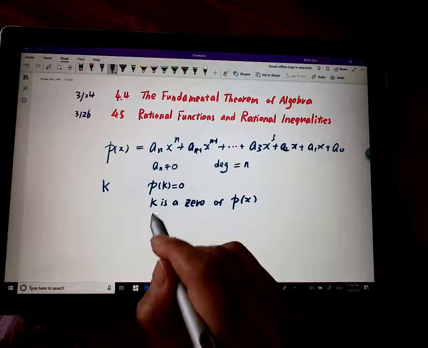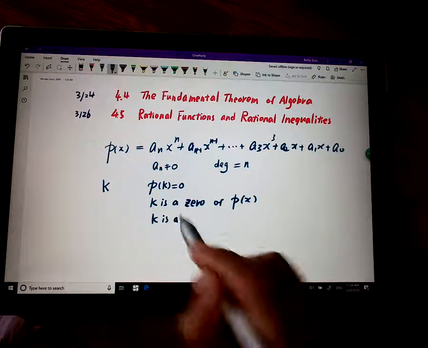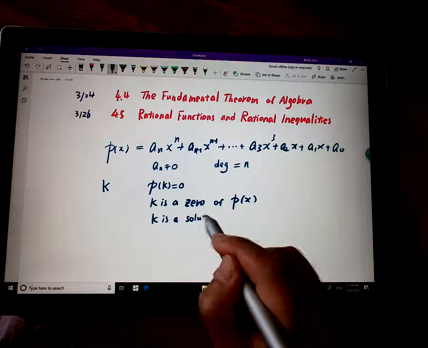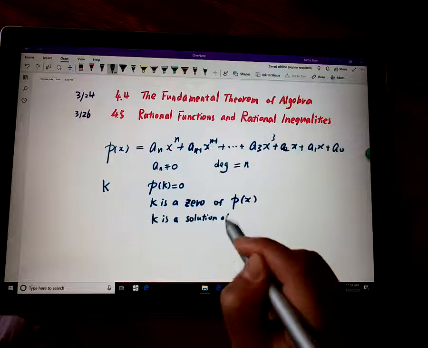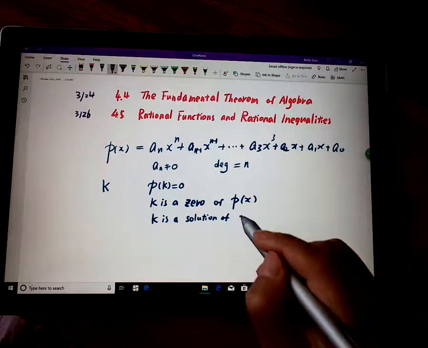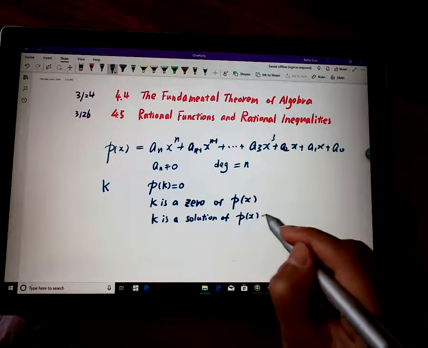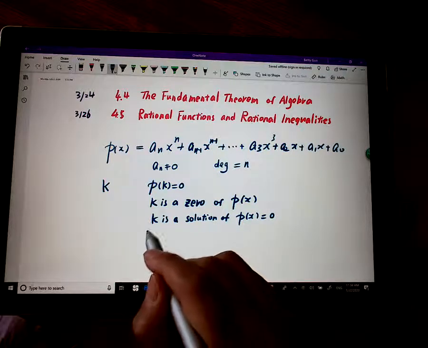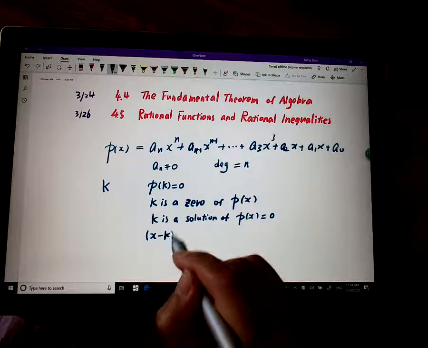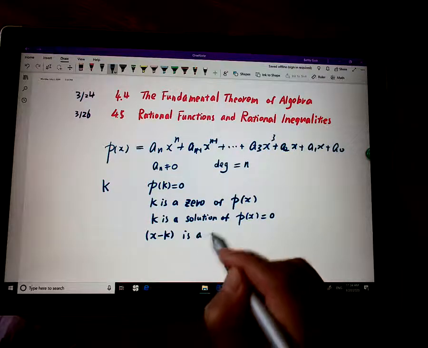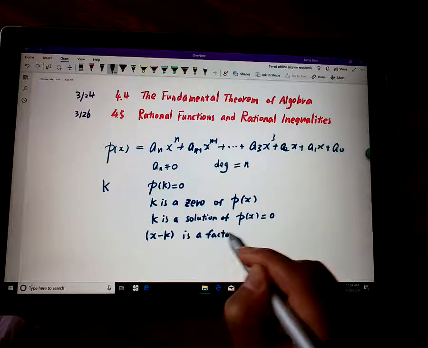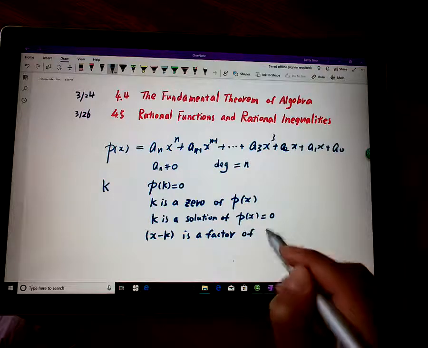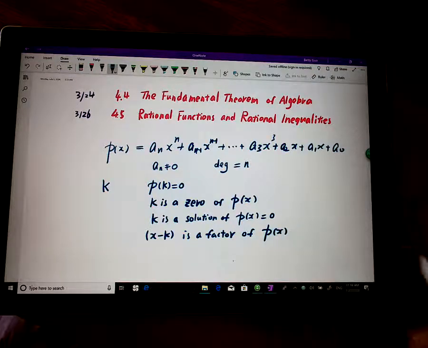We could also say k is a solution of the polynomial equation p of x equals 0. We also can say x minus k is a factor of a polynomial function p of x.